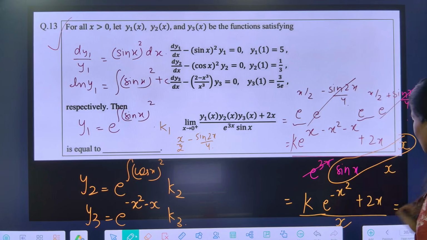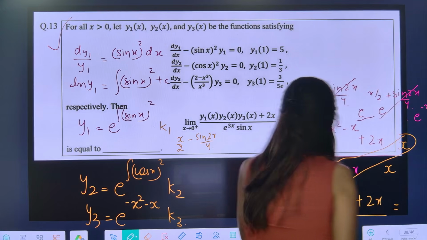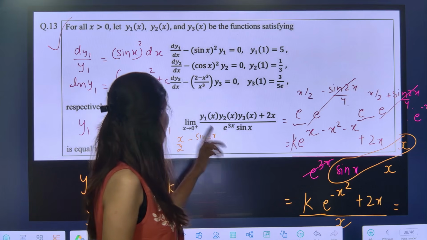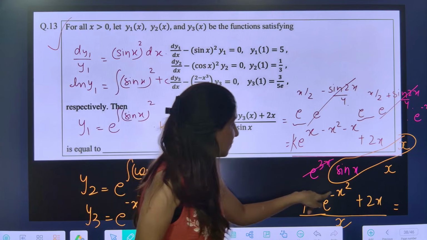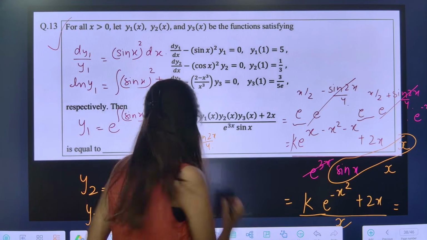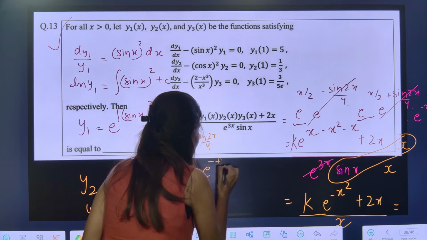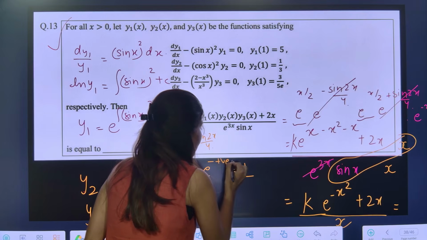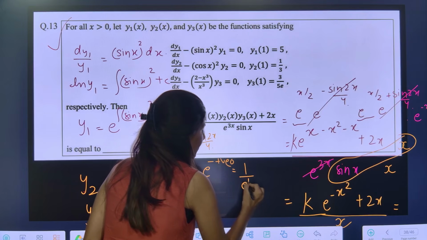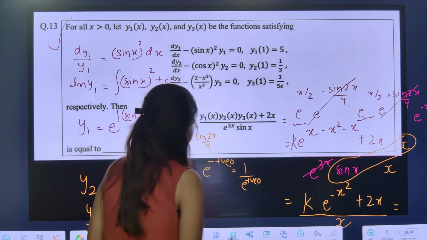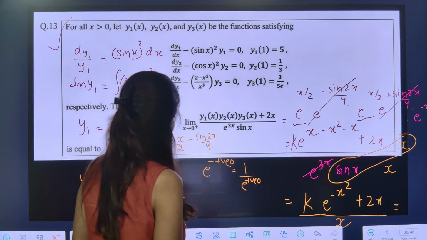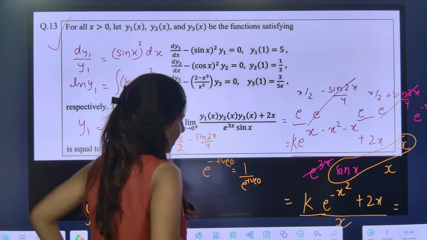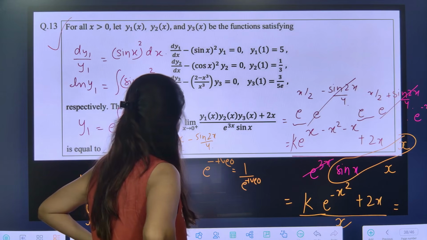Okay. So clearly, if you put x equal to 0, e power minus some positive thing will be positive, so 1 by e power positive 0, right? So e power 0 is what? 1. So the answer will be what?